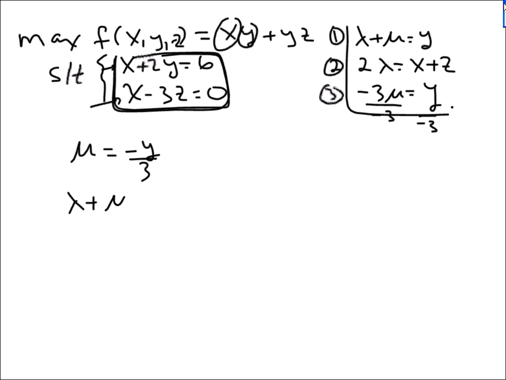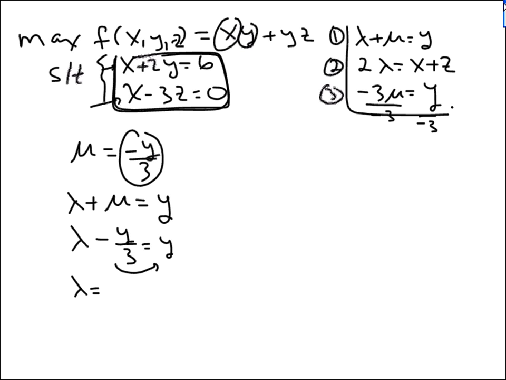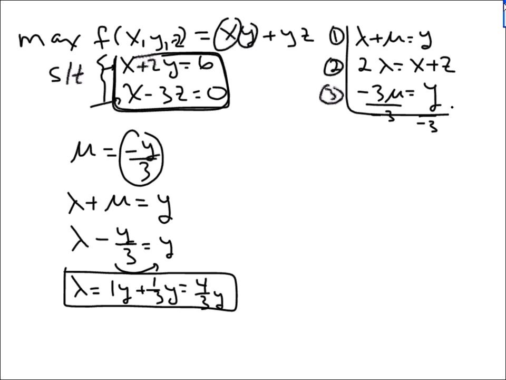Lambda plus mu is equal to y. But mu is negative y over 3. If you add them over, you get lambda is y plus y over 3, which is 4/3 y. And now we know that lambda is 4/3 y.